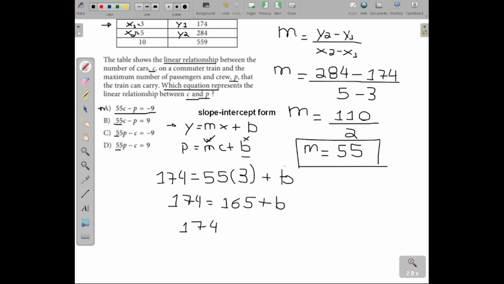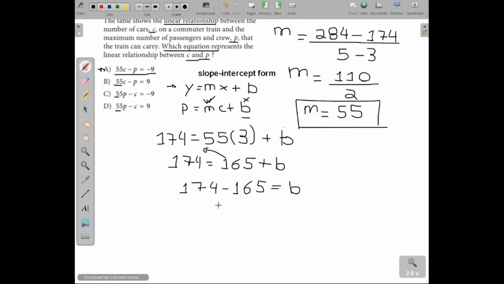This positive 165 will subtract to the other side of the equation, negative 165, equal to b. 174 minus 165 is equal to 9. So b is equal to 9.